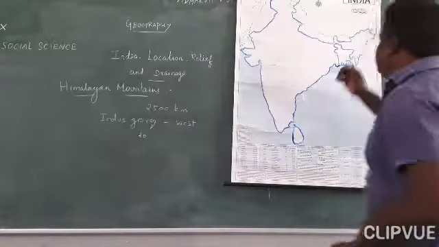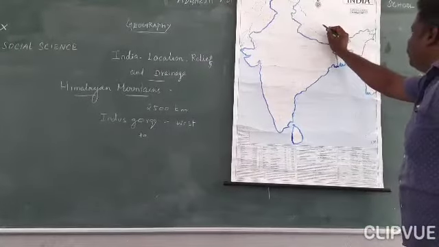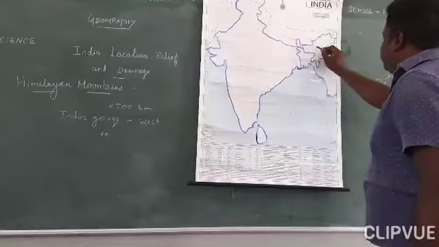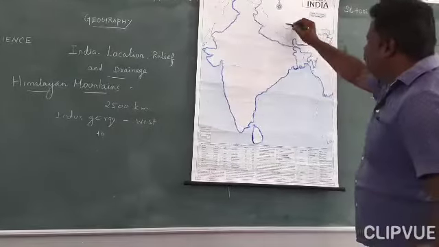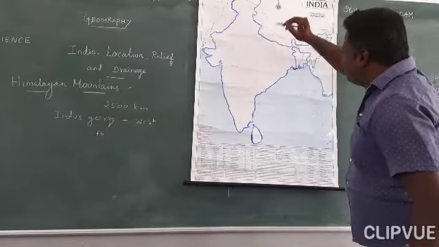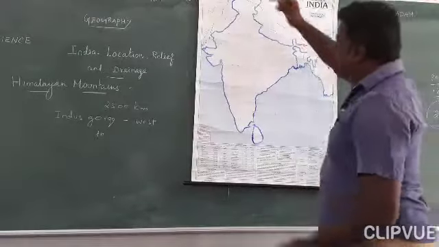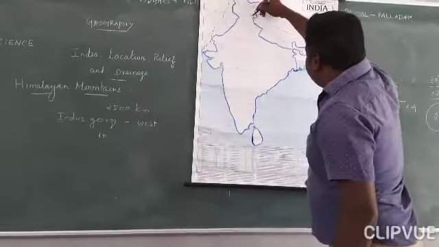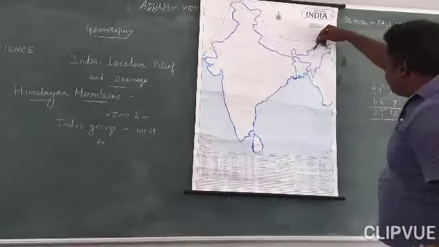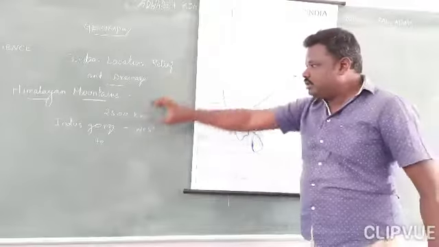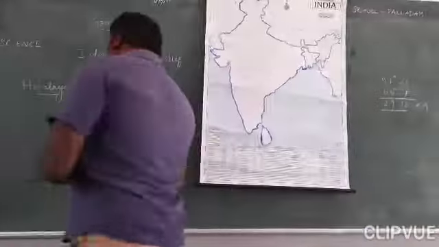We already saw some important things about the Brahmaputra river. This is also originated from the Kailash. You see, it stretches from here to here. So this is the total length, that is 2500 kilometers.